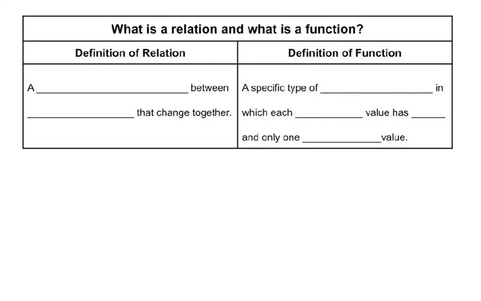In this video, we'll be talking about using mapping diagrams to determine if a relation is a function or if it's just a relation. So before we do that, we need to figure out, well, what is a relation? What is a function?